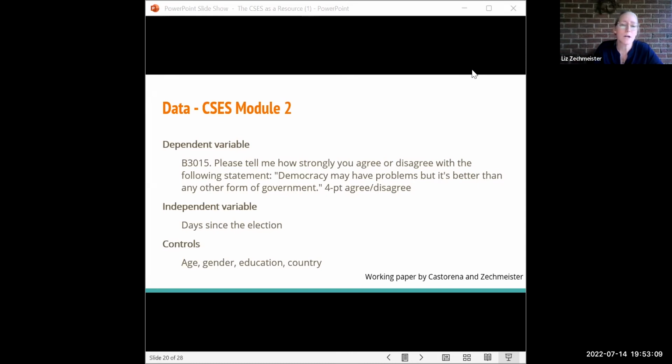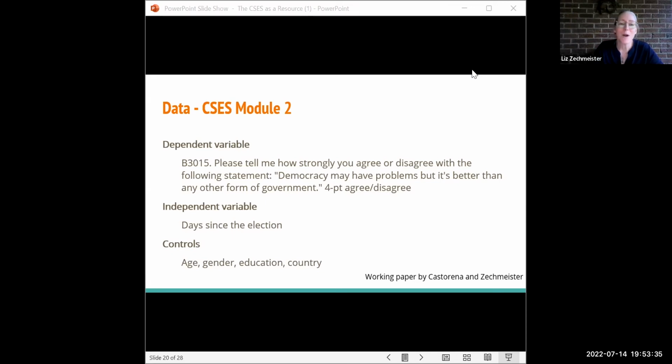And our independent variable is days since the election. And we control for age, gender, education, and country. And what we're looking for in the data is evidence of a boost following elections. Now, here's the thing to keep in mind. These are post-election surveys, right? So what does that mean for our research design?